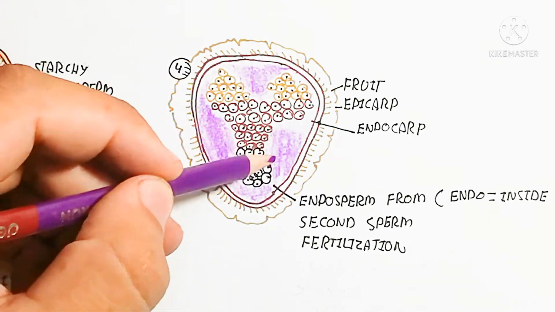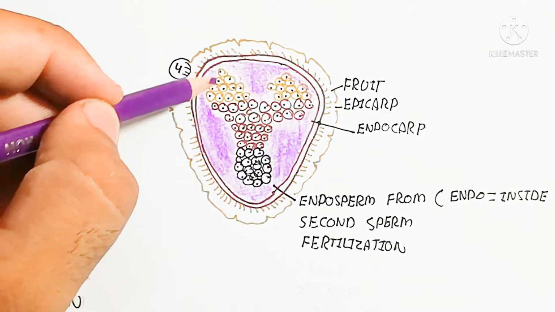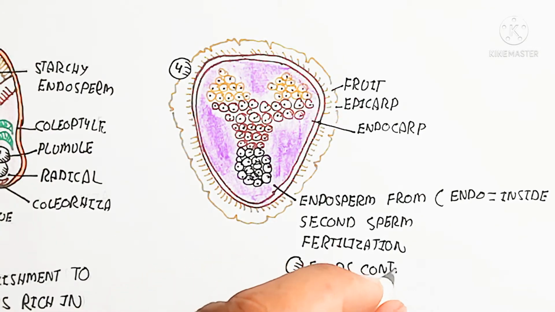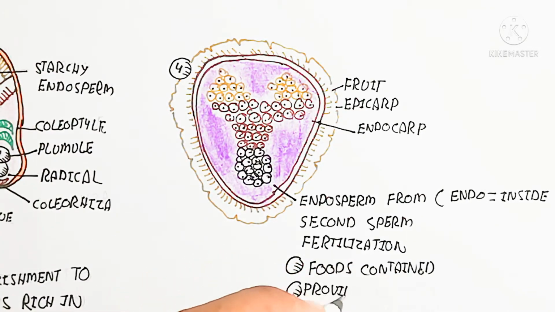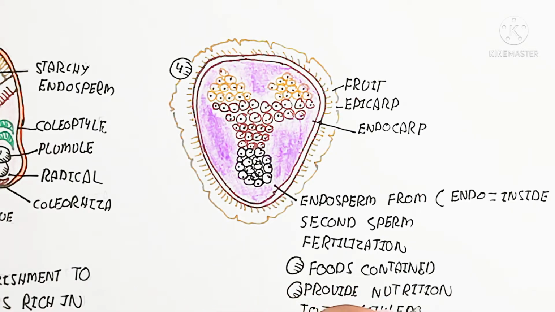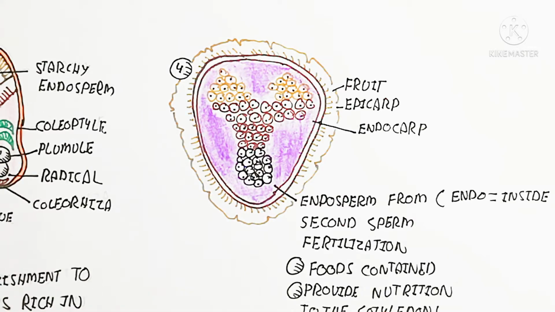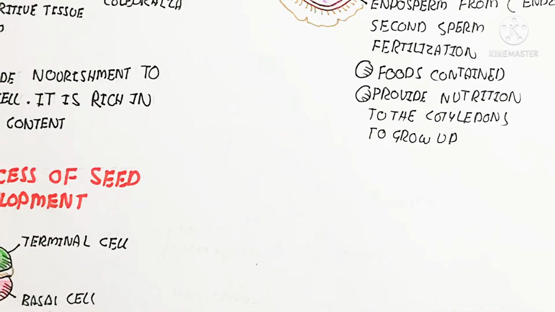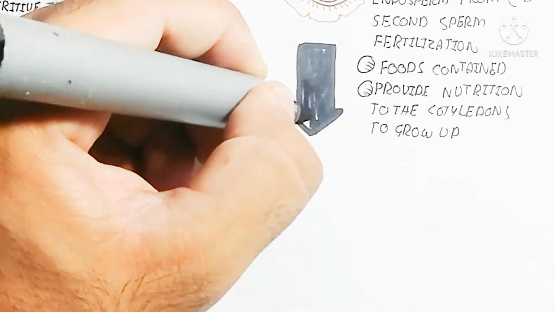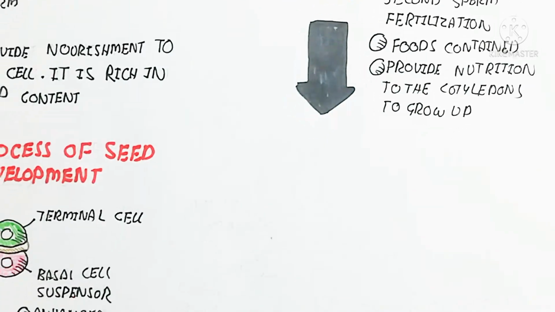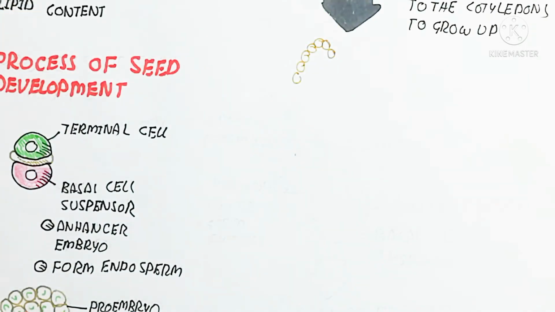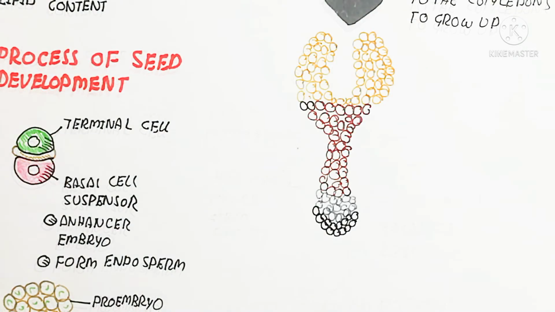The endosperm is formed by the second sperm fertilization, and the food contained in the endosperm provides nutrition to the cotyledons to grow. So the endosperm is the precursor of the cotyledons.